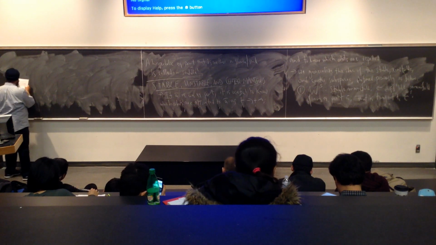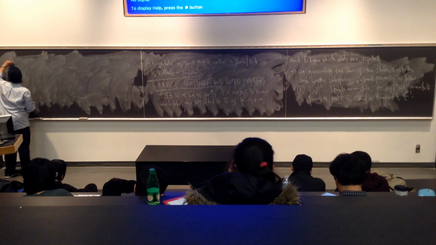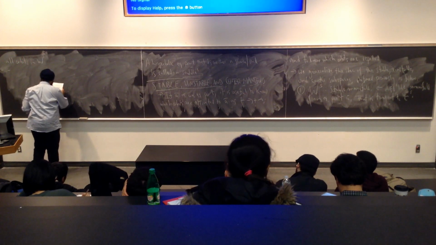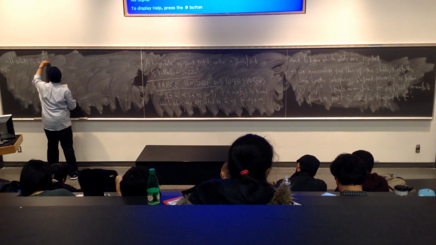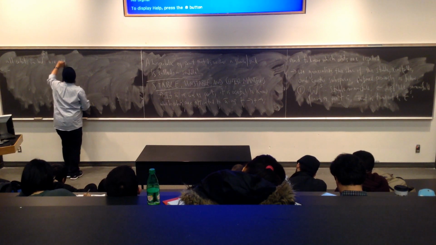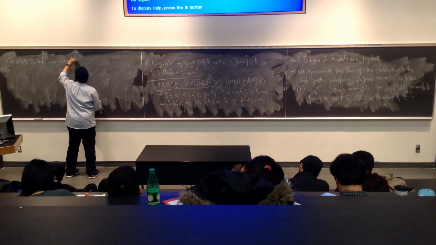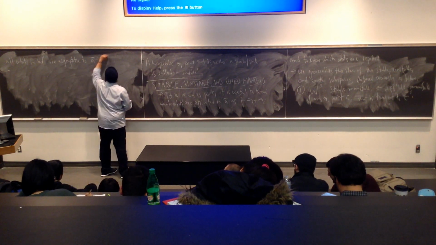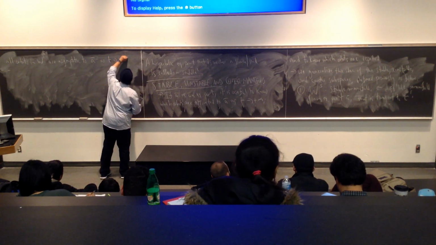And similarly, all orbits in WS, we say are asymptotic to A as t goes to infinity.